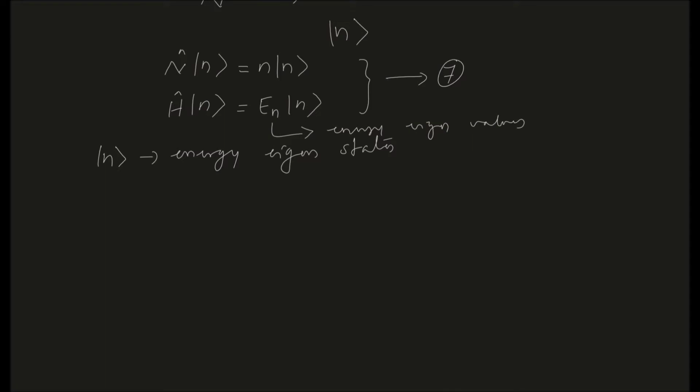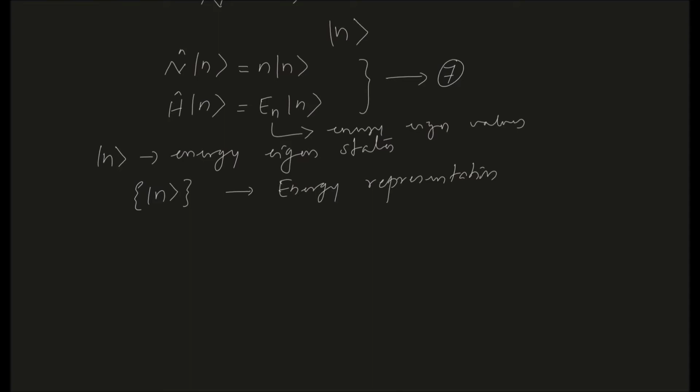Now the basis spanned by these energy eigenstates is called the energy representation. So if you take this energy eigenstate as a basis, then this representation is called the energy representation. We have already seen the momentum and the position representation, so since this is in the energy eigenstate, this is called the energy representation.